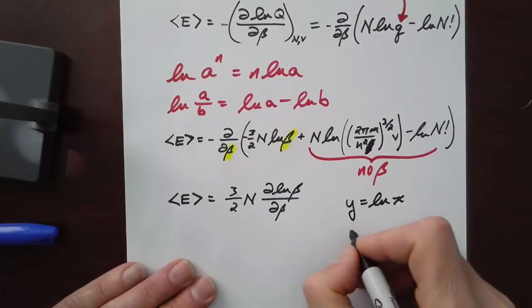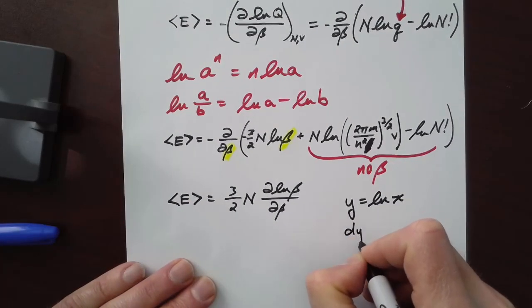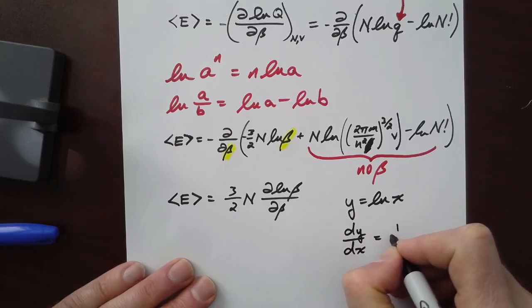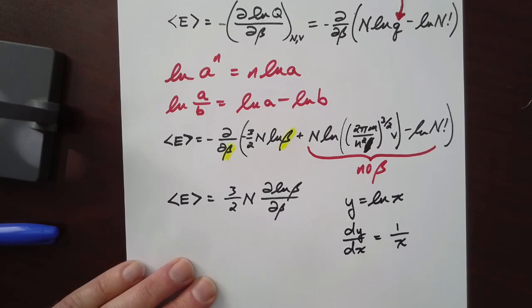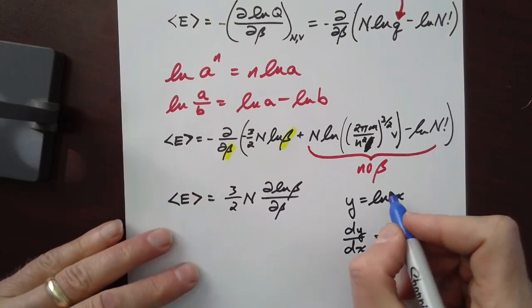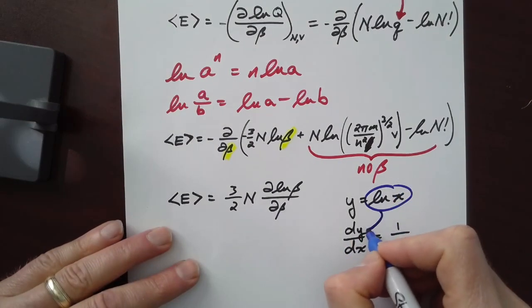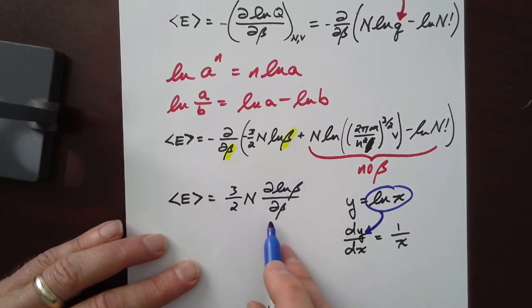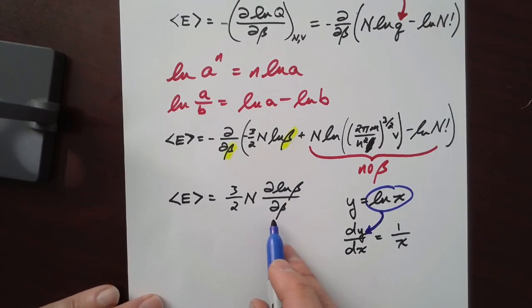If I want dy/dx, that would be 1 over x, right? We said that last lecture. Well, isn't the natural log of x y? So if I put that in the numerator, then I would have d natural log of x dx equals 1 over x. So this stuff right here is just 1 over beta.